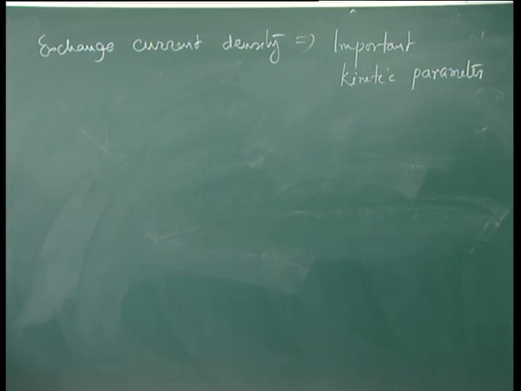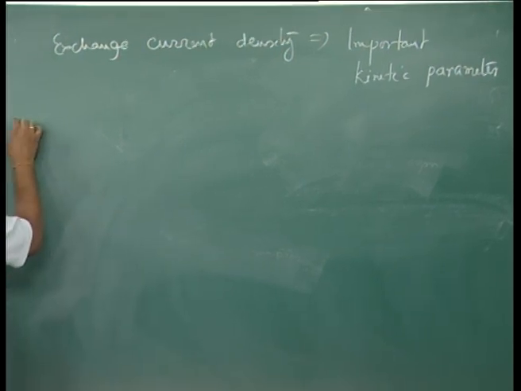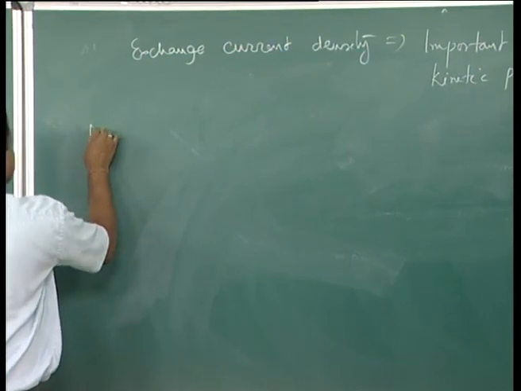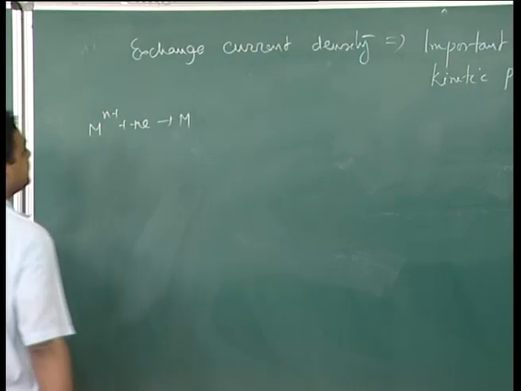Now, in order to see the implication of exchange current density, let me consider one situation. Let us say you have the same reaction, M to M^n+ plus n e.